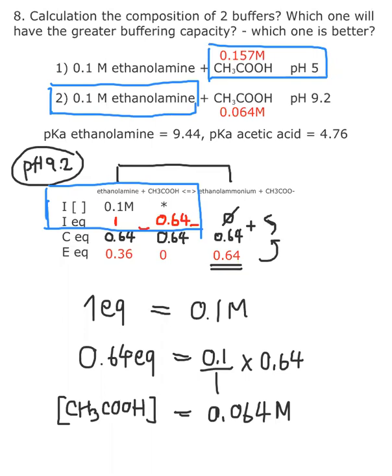So to compare which one is the greater buffer, we say that the better buffer would have higher molarity. So this would be the answer. The first buffer here will be the better buffer than the second one because it has a higher molarity of acetic acid than the concentration of ethanolamine in the second buffer.